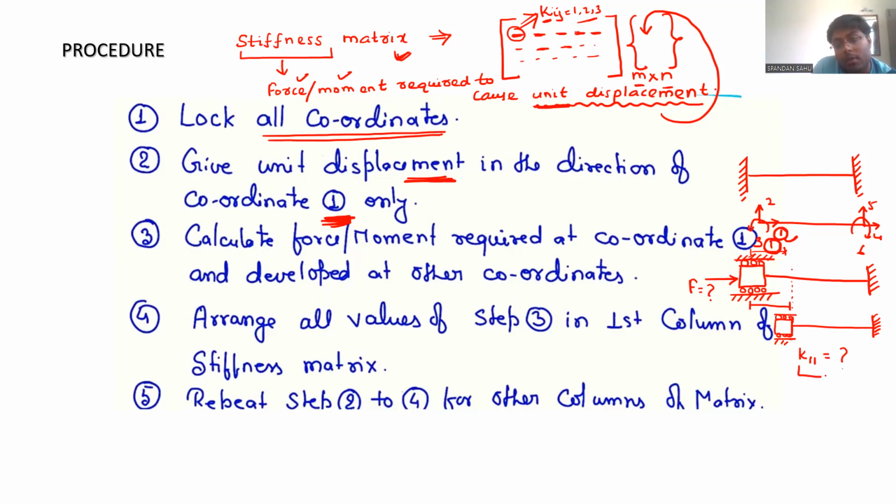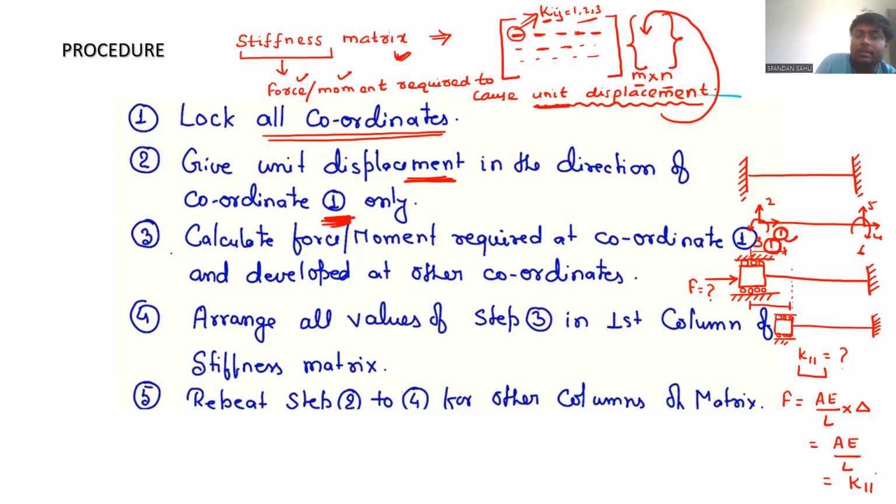K11 is nothing but the axial stiffness of the given member along coordinate direction 1. So what will be the value of F? We all know F is AE by L into delta. Delta is unity, so it is AE by L, and that is equal to K11. This is the meaning of statement 2.